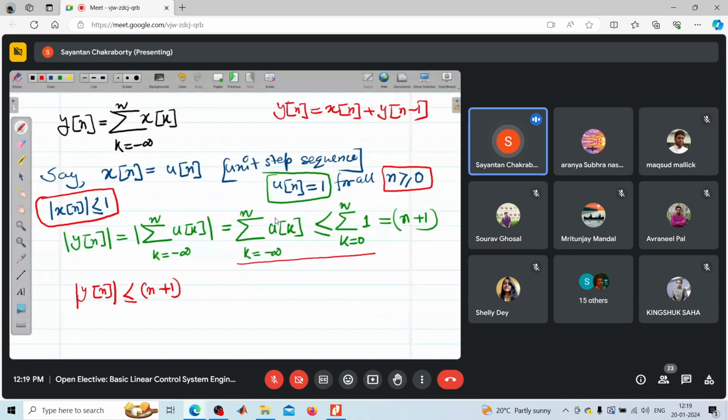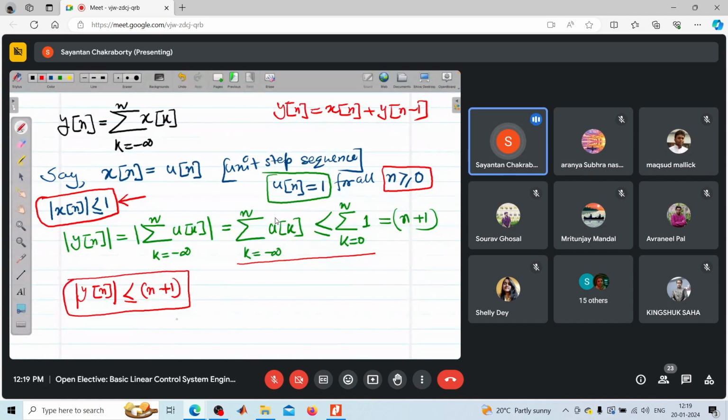That's why the limit is changed from 0 to n, and u[k] is replaced by 1. তাহলে n times যোগ করবো, এখন n plus 1 পাবো. So y[n] is bounded by this. So this is the boundary on the output, provided the input is bounded by unity 1.